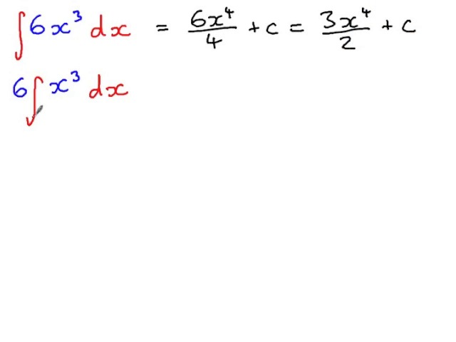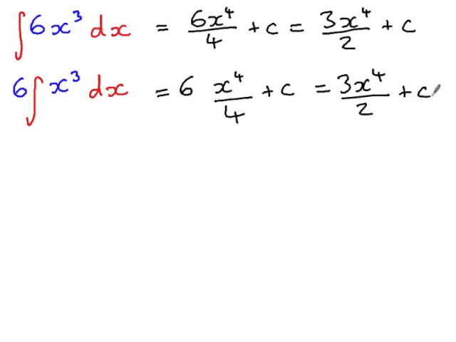Now if I just integrated x cubed with respect to x and then multiplied by 6, that would be 6 lots of x to the power of 4 over 4, which is exactly the same as 6x to the power of 4 over 4. So it can still be simplified to 3x to the power of 4 over 2 plus c.